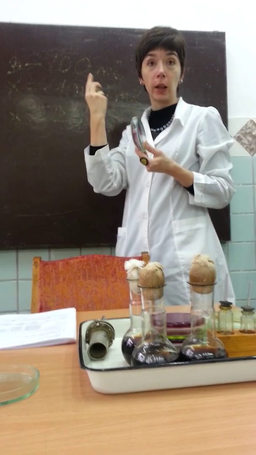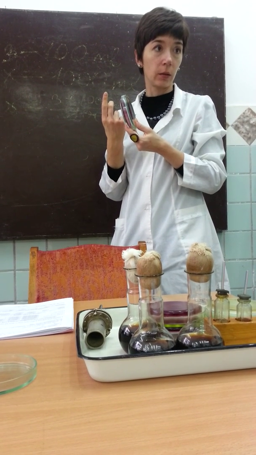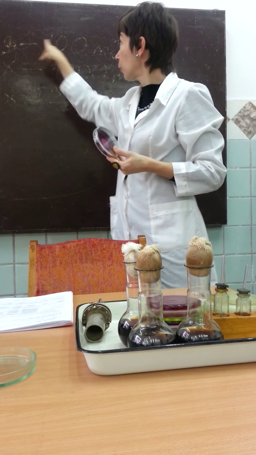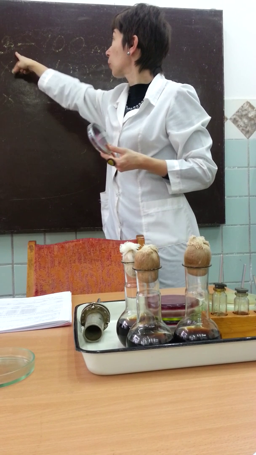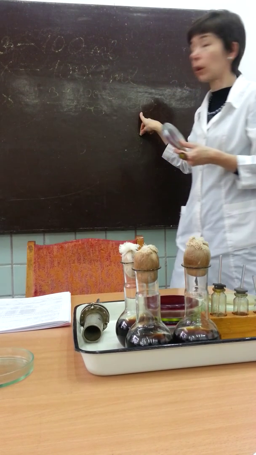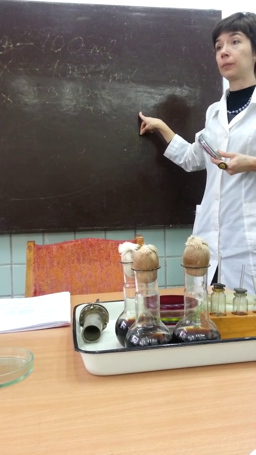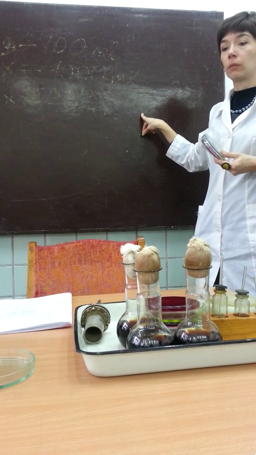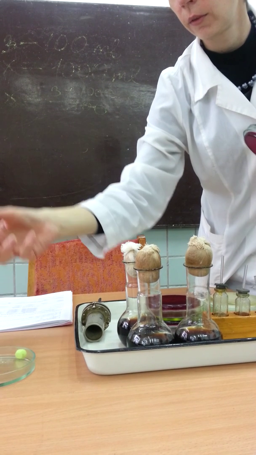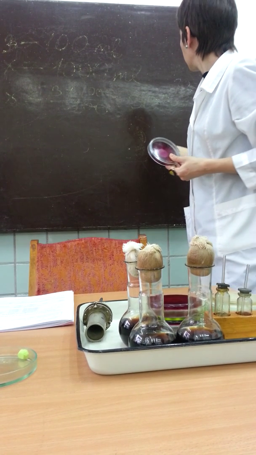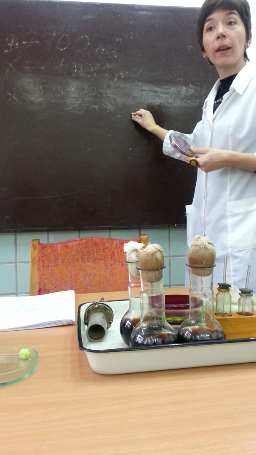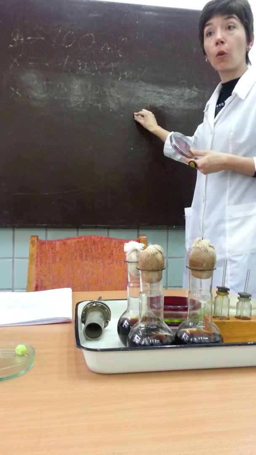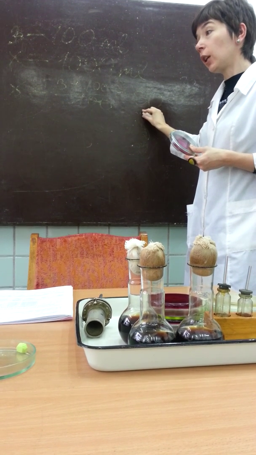If in 100 there are 3, then in 1000 it's 30. Is it clear now? Then it's the colony index. If you know the colony index, you can always count the colony titer.